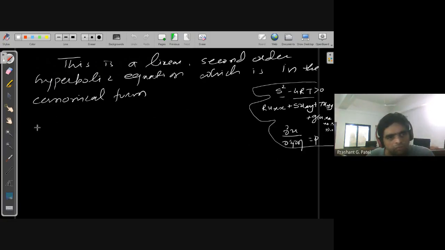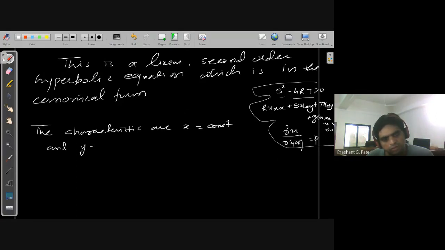So the characteristics of this equation are x is constant and y is constant. So x and y constants are the characteristics of this equation. Now let us take one function v, which has continuous second order partial derivatives.